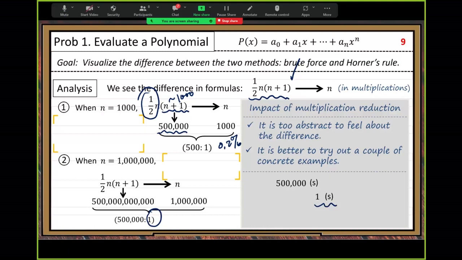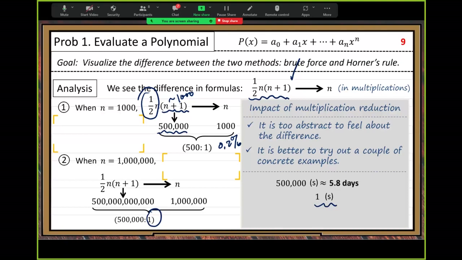So to evaluate the same formula with Horner's rule, you only need 1 second. If you apply the brute force method on the same polynomial, you need 500,000 seconds. How much time is 500,000 seconds?